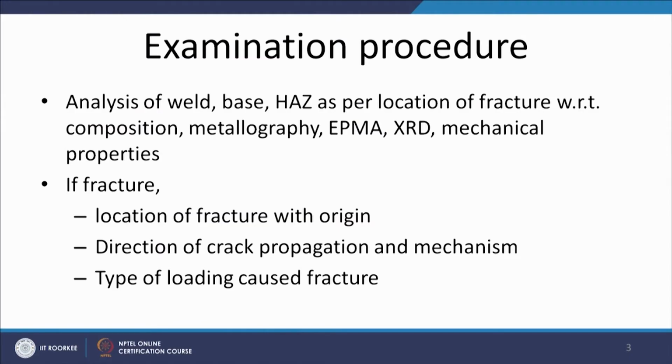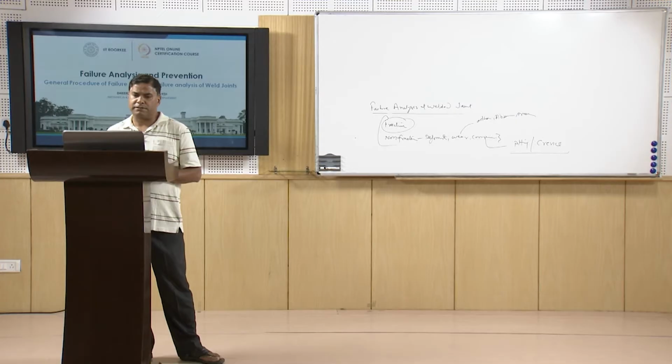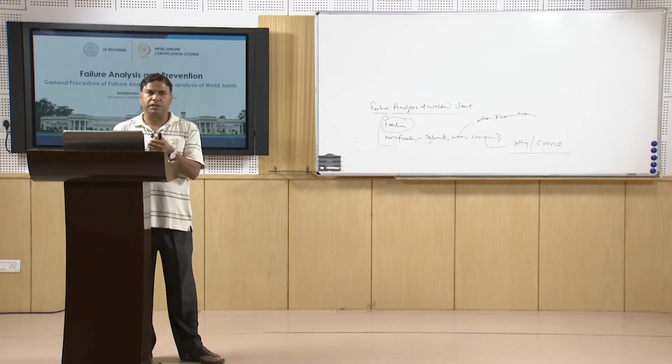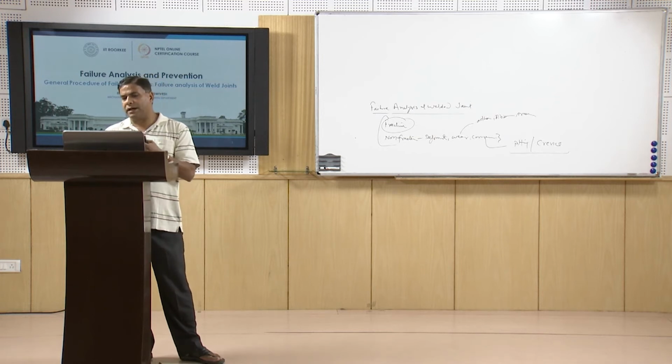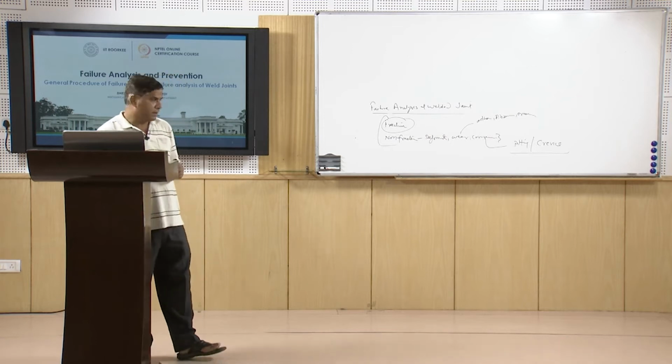In the case when fracture is involved, then the location of the fracture with the origin, direction of crack propagation and the type of loading that caused the fracture are things which we can identify through macroscopic examination of the failed component.